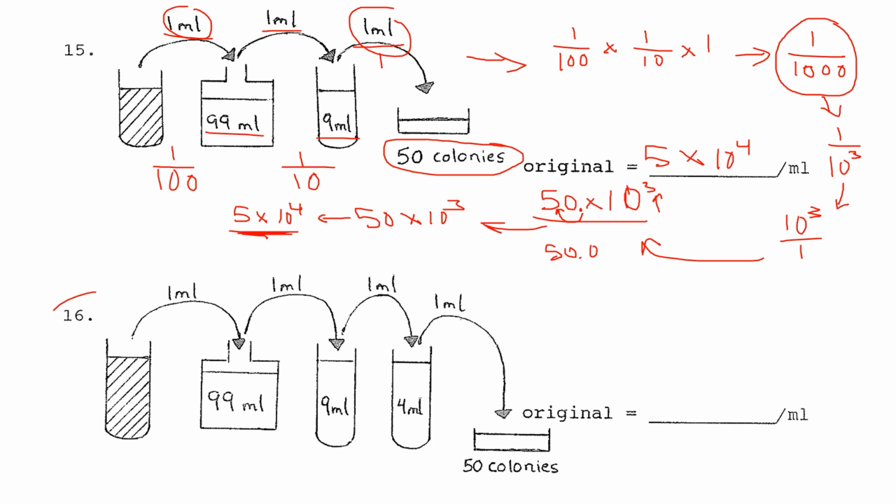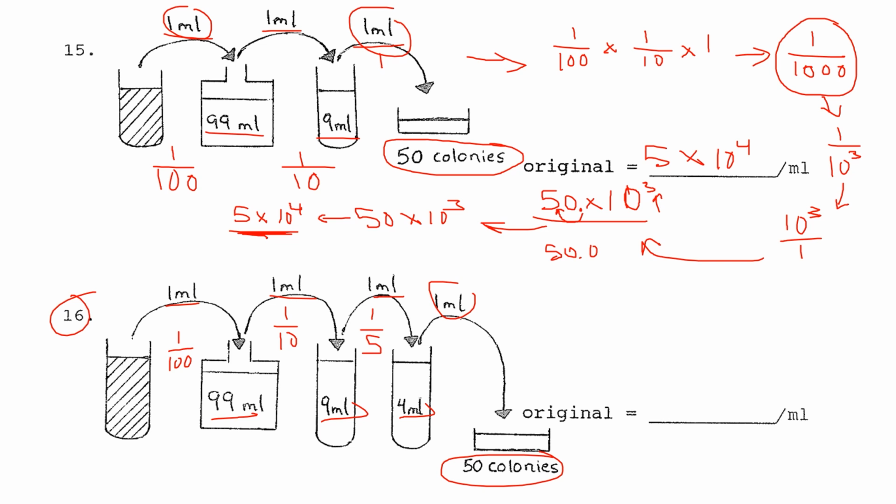Okay, so for this one, again, calculate your dilution, right? So we have 1 mil into 99, so 1 over 100. 1 mil into 9, so 1 over 10. 1 mil into 4, so 1 over 5. And then we took 1 mil of that and got 50 colonies, right?